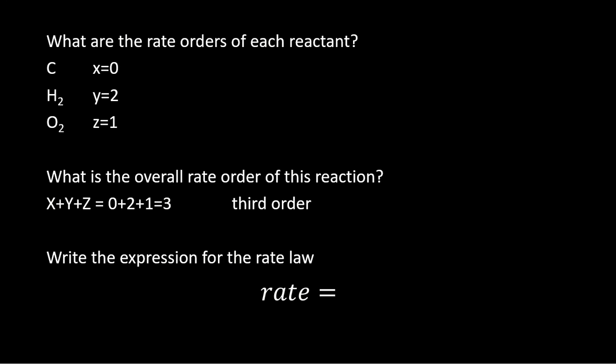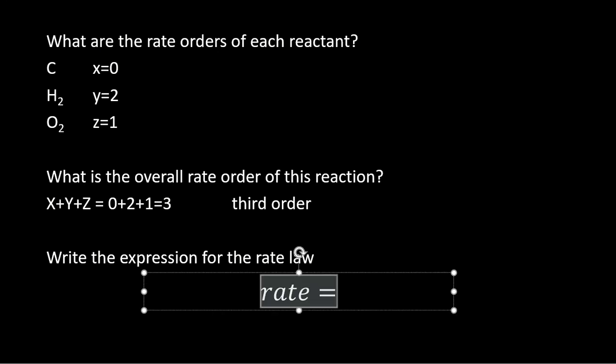Now then, if you're asked to write the expression for the rate law, here is all you need to do. Simply plug in the values of the exponents that we didn't know back in the beginning. So to write the expression of the rate law, just write the word rate, and that equals some rate constant times the concentration of our first reactant, which in this case is carbon, raised to the 0th power.